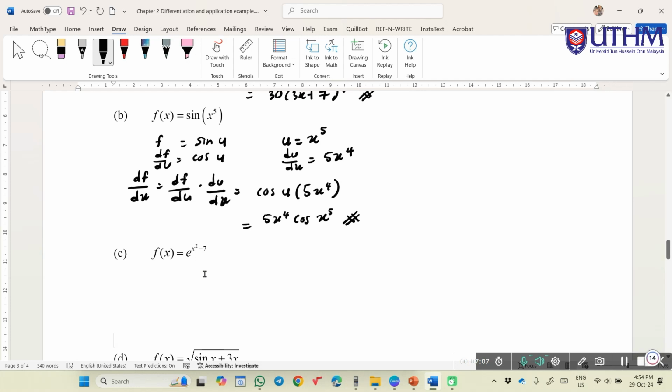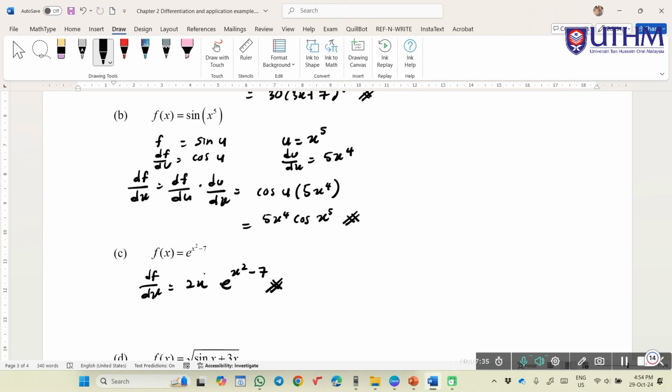This next one I will give you as an exercise. You have to use the chain rule and show the formula on how to differentiate. The answer is df over dx equals 2x exponent (x squared minus 7). Please try it on your own.